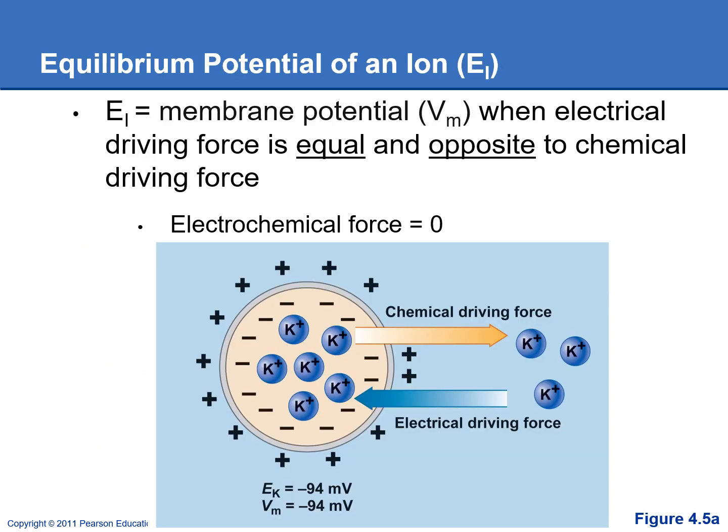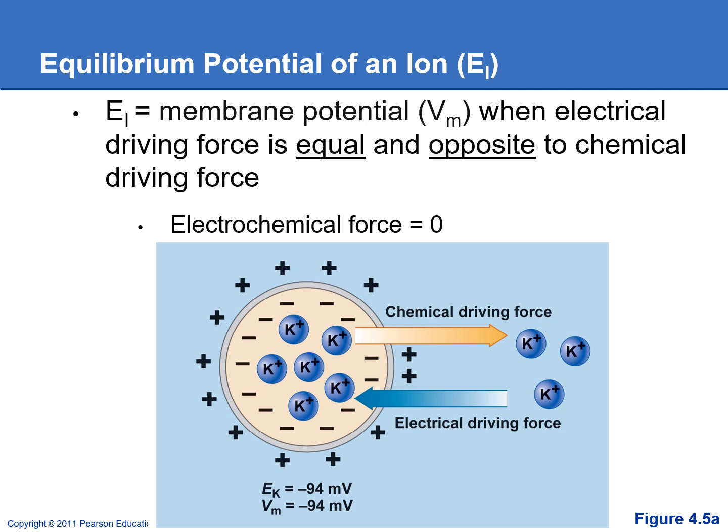The equilibrium potential for an ion is defined as the membrane potential when the electrical driving force is equal and opposite to the chemical driving force. So we have a picture down below showing the equilibrium potential for potassium, which is minus 94 millivolts. So if the membrane potential of the cell is at minus 94 millivolts, then potassium is going to be at equilibrium, meaning that there's going to be no net movement of potassium in or out of the cell.